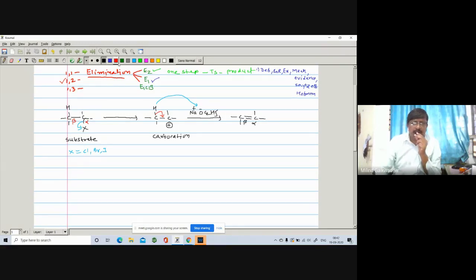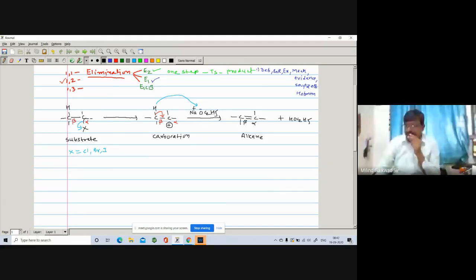So there is a formation of the corresponding alkene. And here, if I take ethoxide as the base, this H reacts with the base and there is a formation of the corresponding ethyl alcohol, C2H5OH.